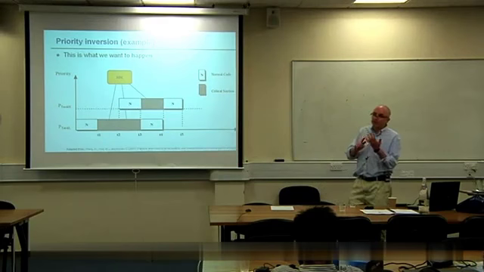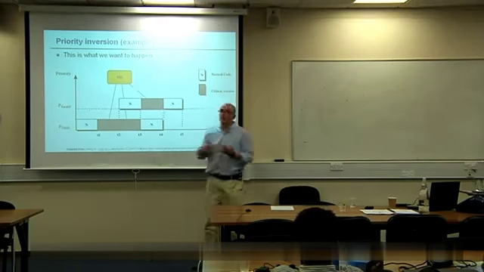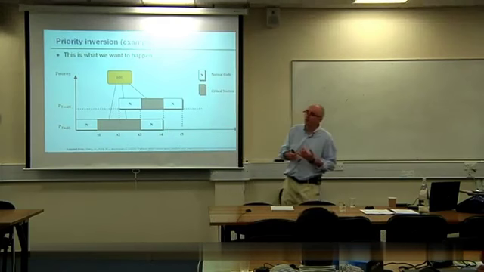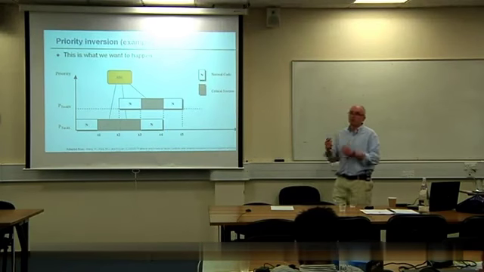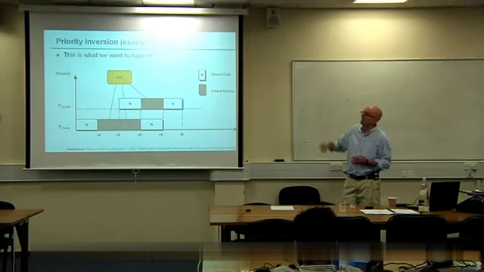So we've got a challenge here, which is we don't want priority inversion. So we want to make sure that tasks run according to their priorities. How do we address that problem here by doing what?